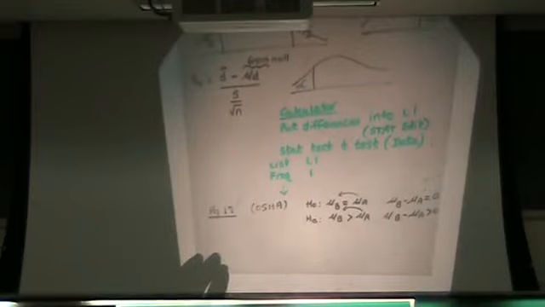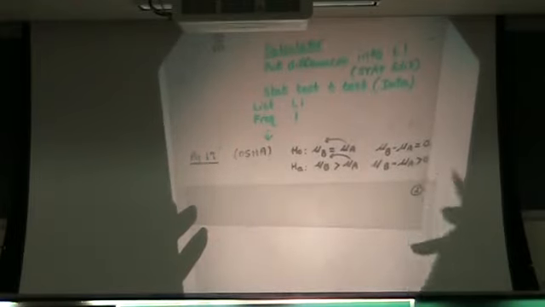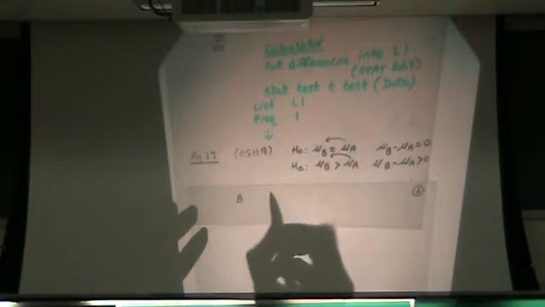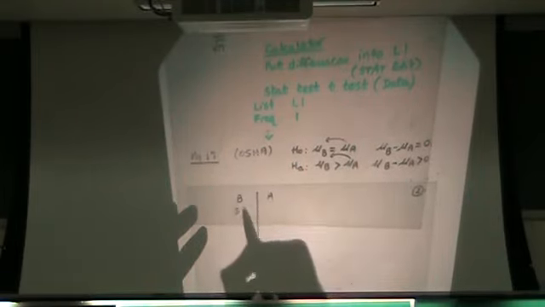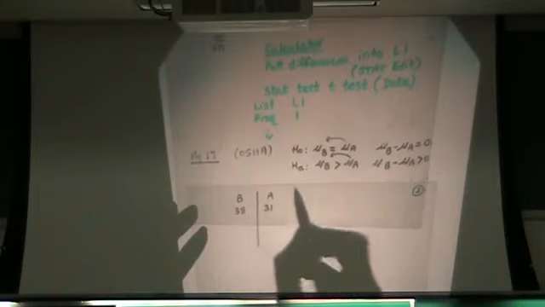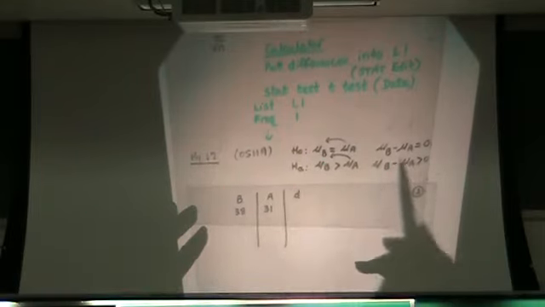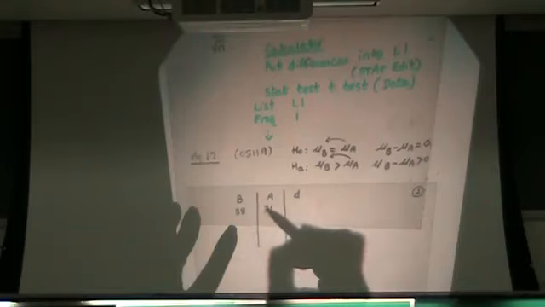And then they gave you a whole bunch of data, some numbers for before and some numbers for after. So you have 38, 31. The first thing you're going to do is take the difference. And because your difference is before minus after over here, I'm going to do this minus that.